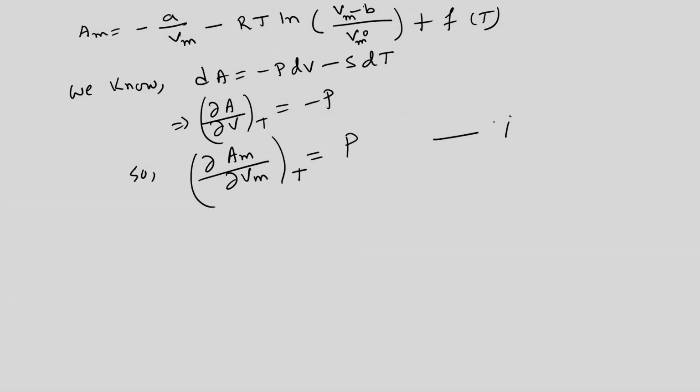So, this is our equation 1 suppose. So, we need to differentiate AM with respect to Vm at constant temperature.